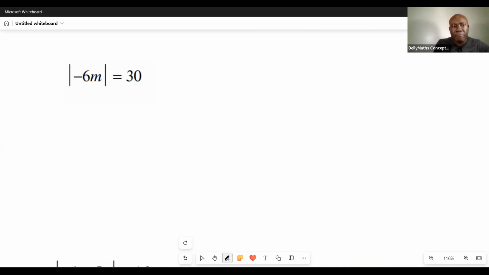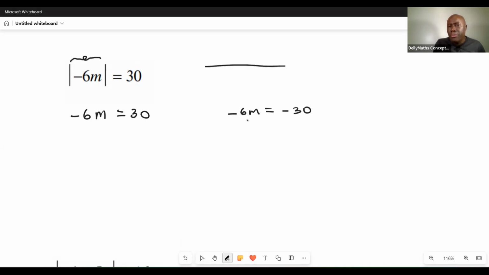So we're going to take -6m and set it equal to 30. Also, we're going to take -6m and set it equal to -30. Why? From 0, 30 units goes in two directions, +30 and -30. Both are 30 steps from 0.